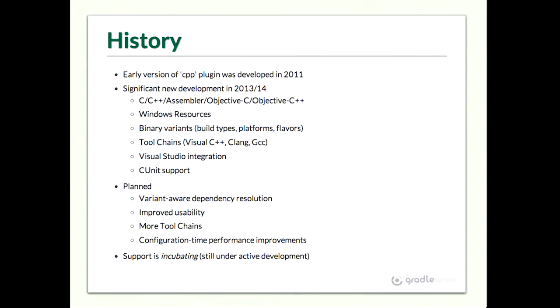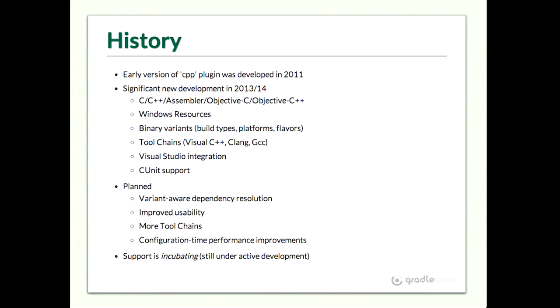So there's been some sort of C and C++ support in Gradle for a number of years. The early versions of the first CPP plugins were in 2011, which is about when I started with Gradleware. I wouldn't call them toy projects, but they were more demonstrations of what could be done as opposed to things designed for use in the real world.